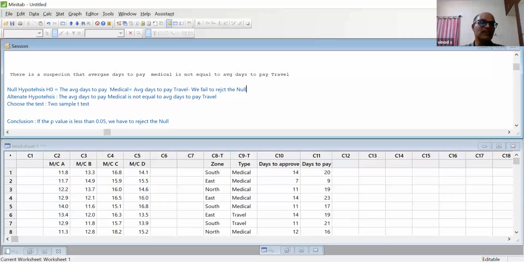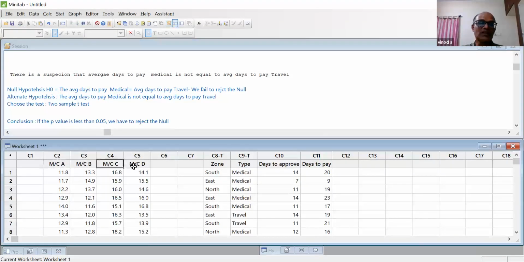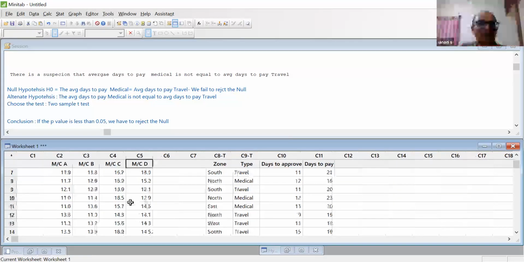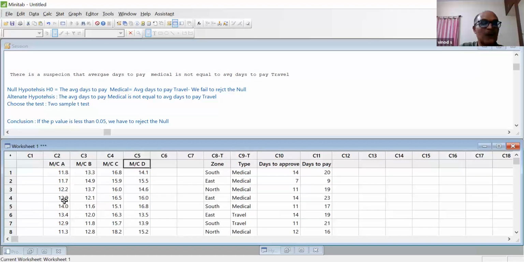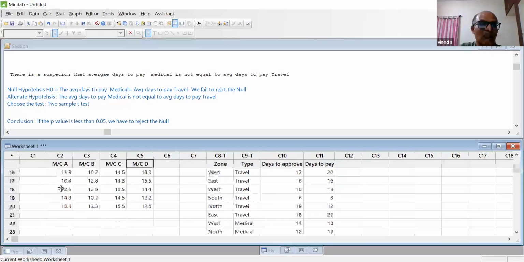Here you can see 4 machines: machine A, machine B, machine C, machine D. These 4 machines are giving certain output. They wanted to test some load. Load means force. The output of the machine has a critical quality that it has to meet a certain load. So machine A has some readings.